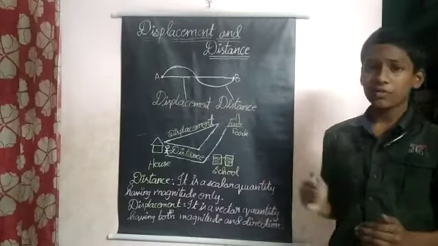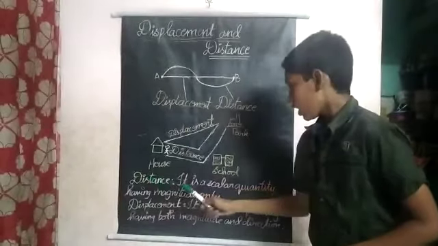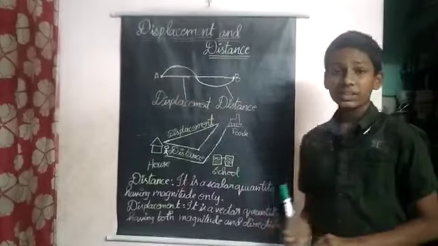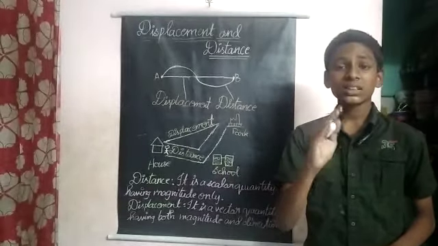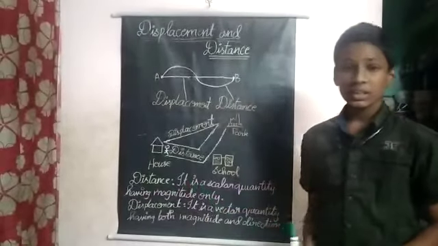Now we can see the definitions of distance and displacement. Distance is a scalar quantity, having magnitude only.